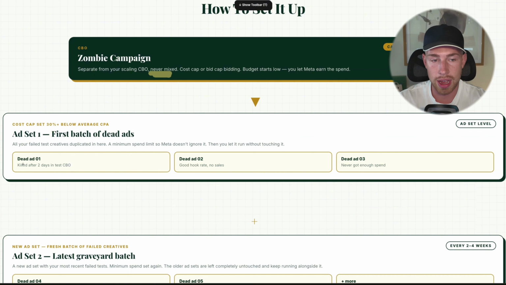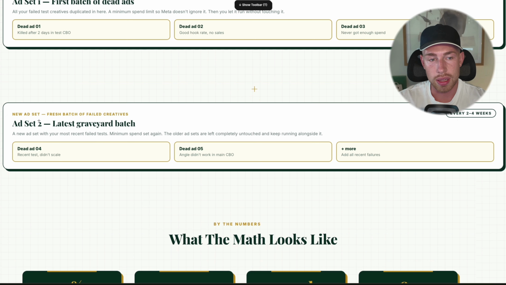And for example, then you have all the ads in the ad set, so there can be multiple creatives in that ad set. Then after maybe 2 weeks, 4 weeks, you just keep adding ad sets, and each ad set has a full batch of creatives. For example, a new ad set with the latest graveyard batch, with your most recent failed tests, because in the meantime, of course, you keep testing new creatives in your ABO or CBO, which you normally do, and you will have more dead ads which didn't perform.